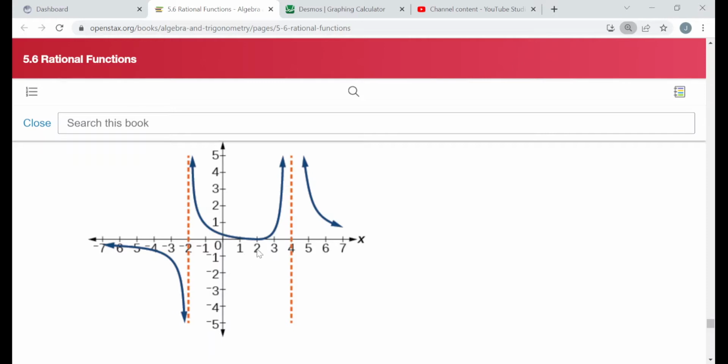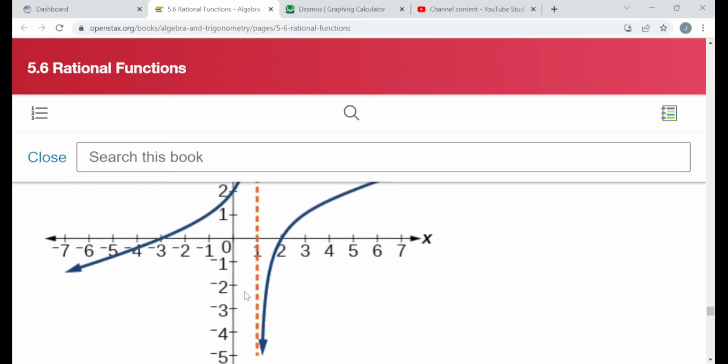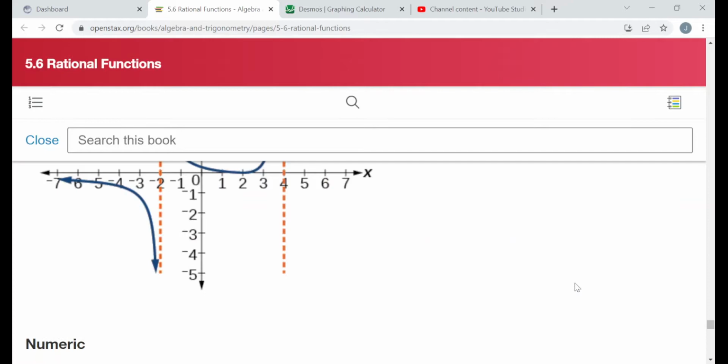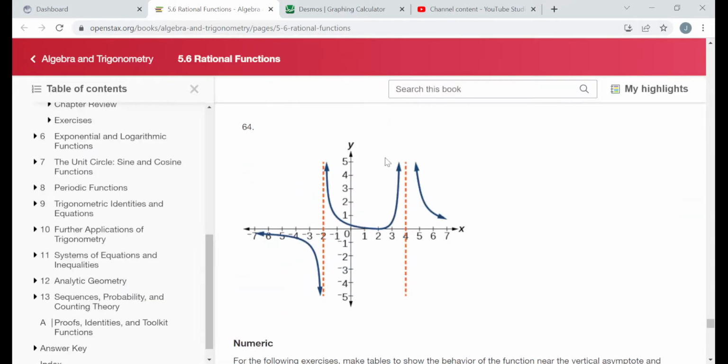Okay. Yeah, zooming in, zooming back out. Oops, sorry. Things got bounced around on me.